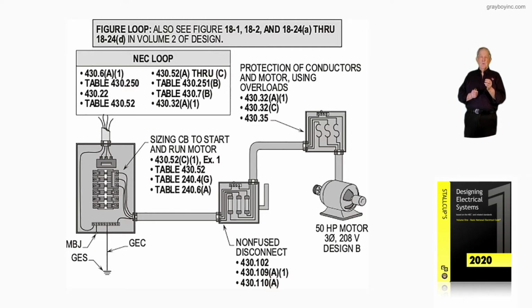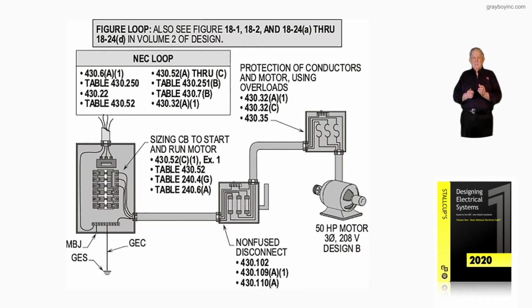And then table 430.52 lists the percentages that we would use for a non-time delay fuse, a time delay fuse, an inverse time circuit breaker, or an instantaneous trip type device. But table 240.4G allows this to be done, and table 240.6A selects the overcurrent device based upon a percentage that is selected from table 430.52.